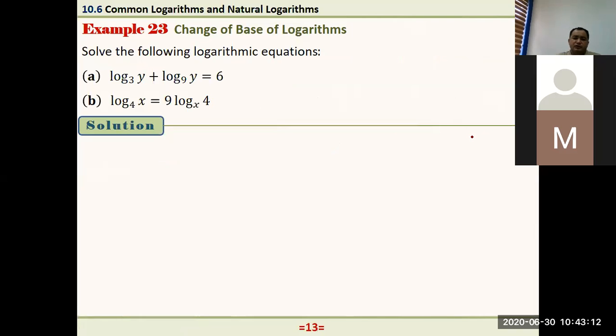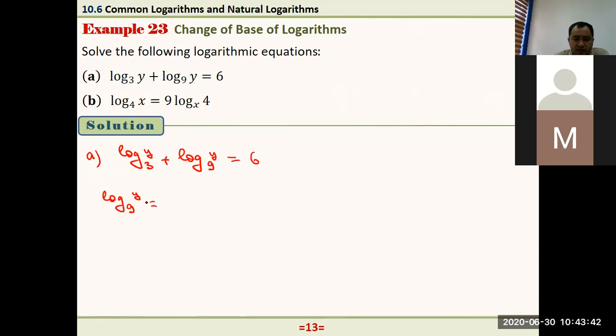Another example, change of base of logarithms. Solve the following logarithmic equations. Okay, starting with A. So here we have logarithm of y to the base 3 plus logarithm of y to the base 9, which is equal to 6. Okay. So I can change its base here, logarithm of y to the base 9, right?